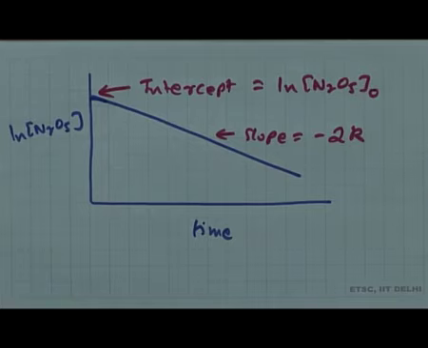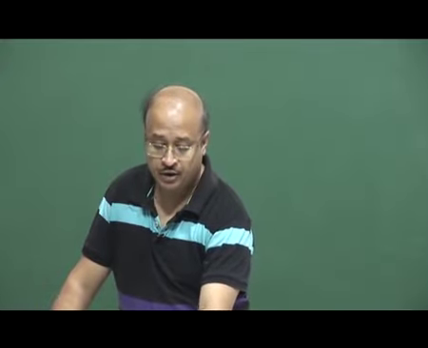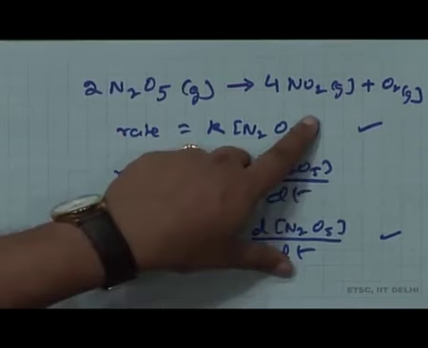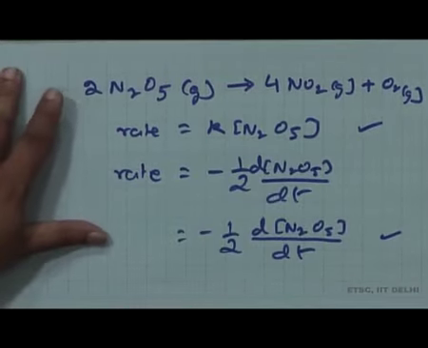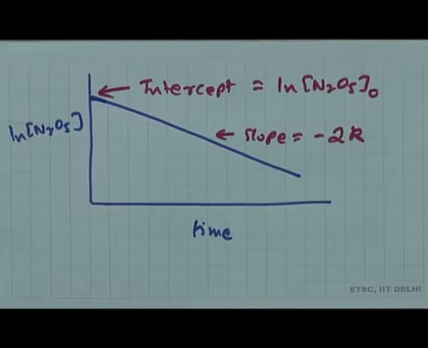So, that stoichiometry which appeared in that equation, where 2 N2O5 goes to 4 NO2 plus O2, has to appear. Stoichiometry is important. So, where did it appear?